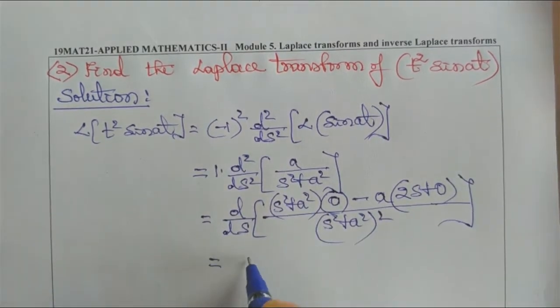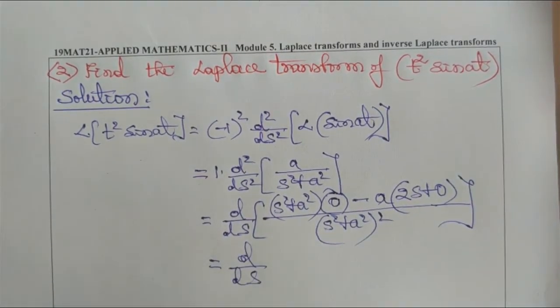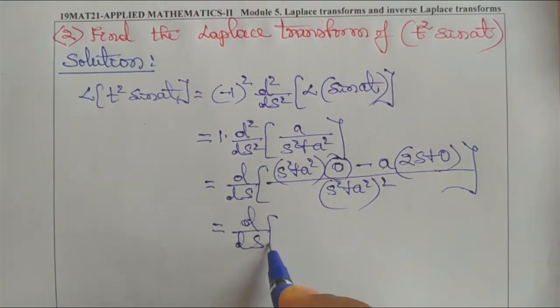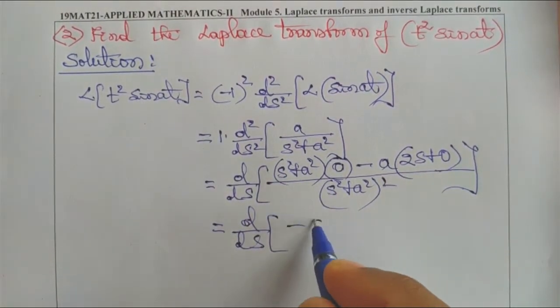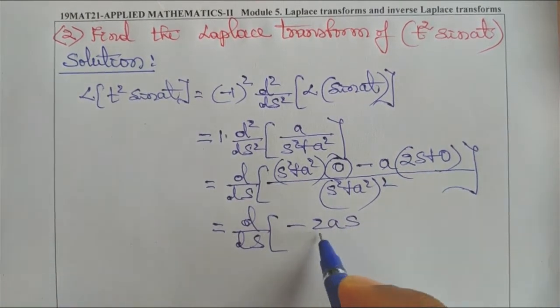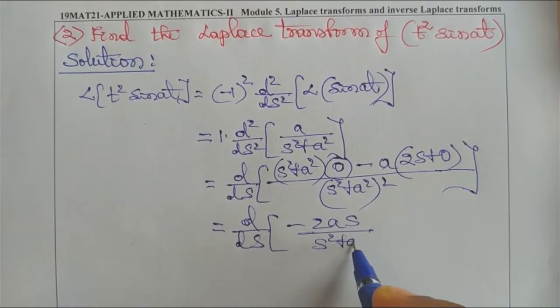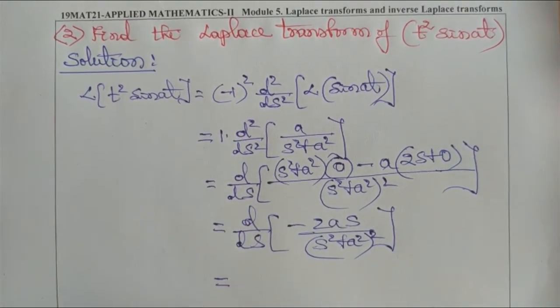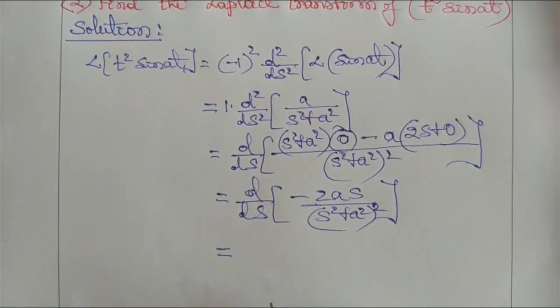Now you simplify this: d by ds of this gives minus 2as divided by s square plus a square whole square. Now once again you differentiate this using the quotient formula method.